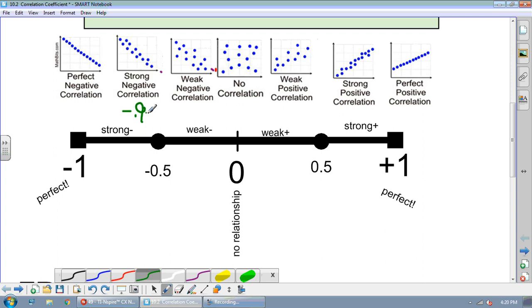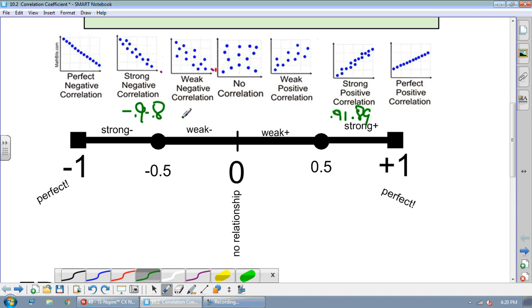So this would be like a -0.9 or a -0.8. A strong positive correlation might be a 0.91 or a 0.89. A weak negative correlation, the graph would still look kind of negative, but they're definitely farther apart.